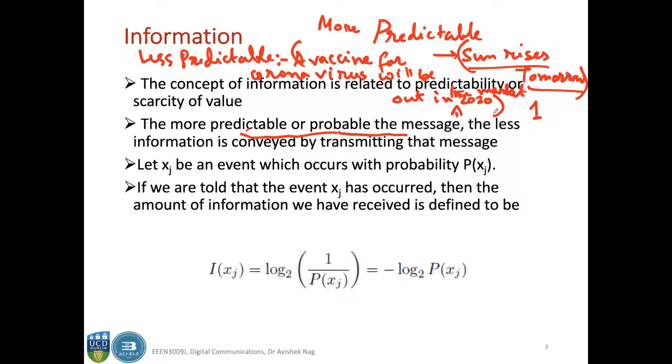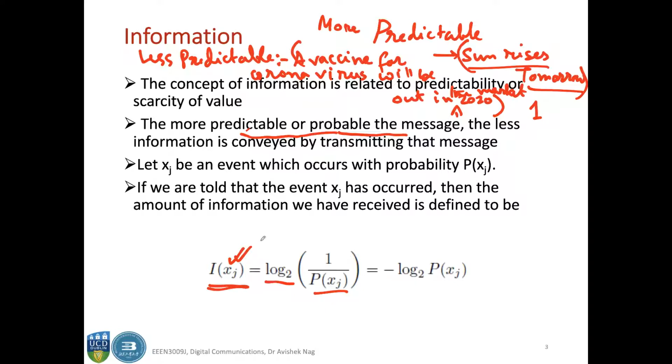So the point that I am trying to make is that there is a mapping between the probability of an event and the information that it conveys, and that mapping is inversely proportional. So we defined the information I of an event xj by the logarithm to the base 2 of 1 over the probability of the event.